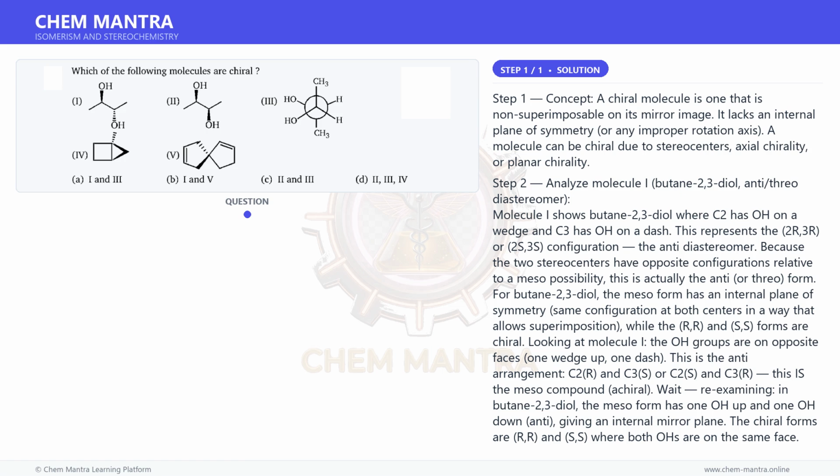Step 4, analyze molecule 3, cyclopropane with CH3 and O substituents. The structure shows a cyclopropane ring with CH3 at the top carbon, CH3 at the bottom carbon, and O groups on the left carbons and H atoms on the right.